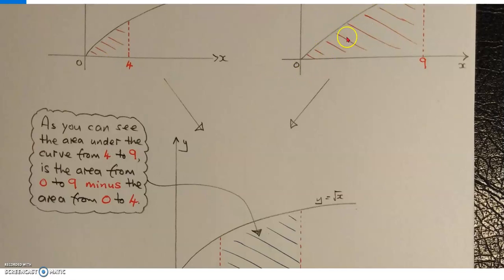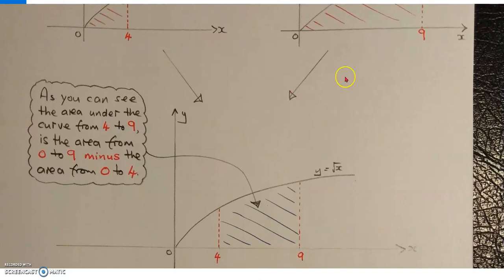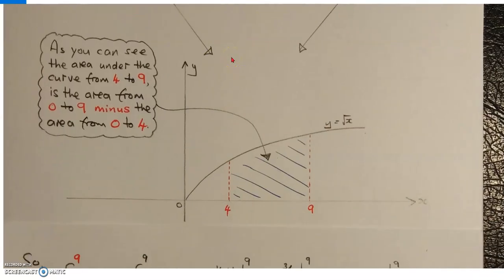If we take that smaller area away from the larger area, we're left with this area here. So it's this big area minus that area, and that's why that minus sign creeps in.